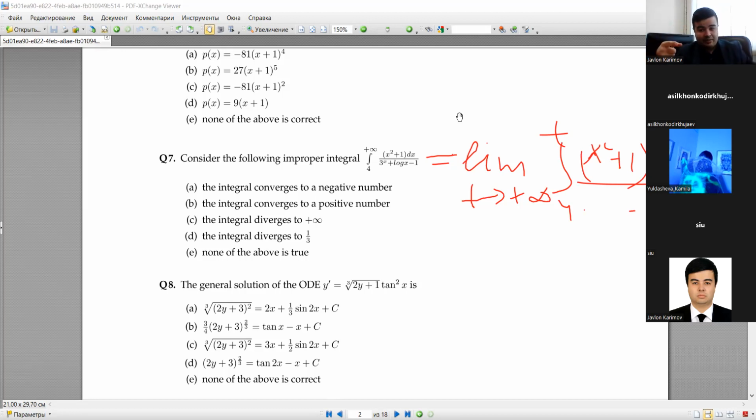If it has a finite limit, it converges. If it does not have a finite limit, it diverges. So by the definition, first of all try to determine whether it converges or diverges. We have other ways, comparison theorems and other theorems to determine divergence or convergence. So here, can we use a comparison theorem?